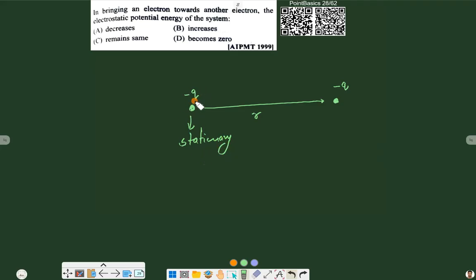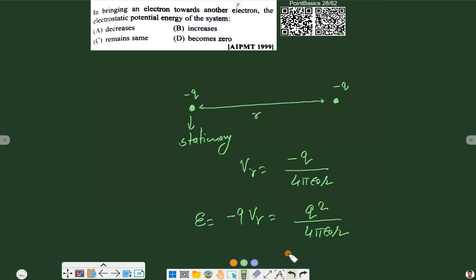So due to this stationary charge, potential at distance r will be minus q by 4 pi epsilon naught r. And now the work done or energy acquired by this charge in the potential field of this charge will be minus q times potential, so it will be q square divided by 4 pi epsilon naught r.